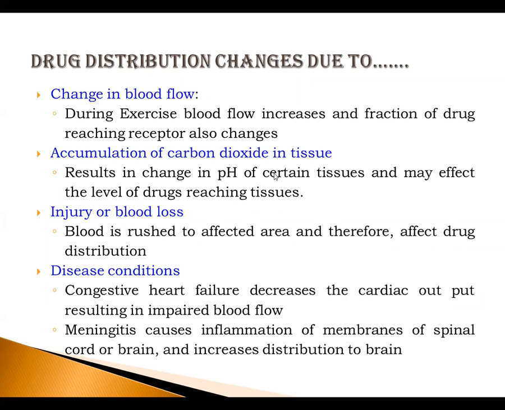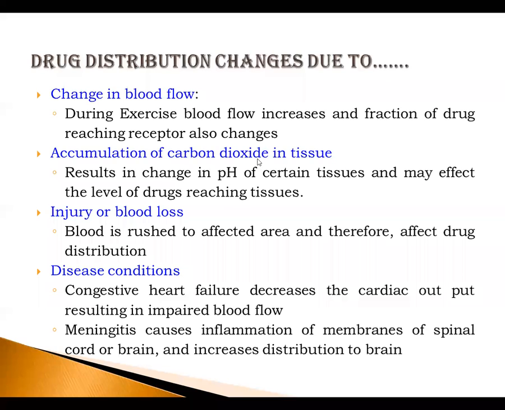We know that pH has a great effect: it governs the ionized and unionized fractions, deciding how much drug is getting ionized and how much is unionized. So this change in pH will change the ionized to unionized ratio, which can also affect the volume of distribution. Any condition which can affect the pH of the tissue can definitely change the distribution of the drug, and one of the reasons is accumulation of carbon dioxide.